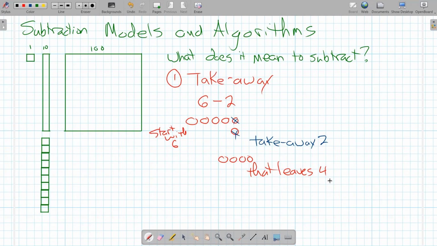But there's other ways that we can think about what takeaway means. The idea of 6 take away 2, and the other is a comparison. So how does 6 compare to 2?